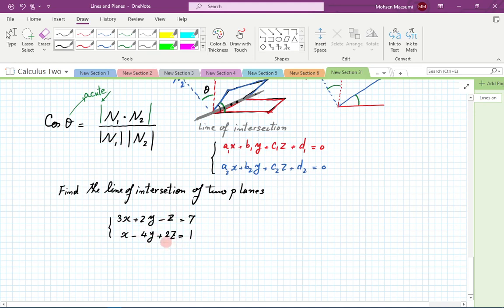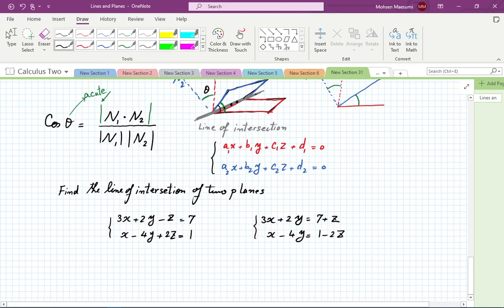One way to do this is to take one of these 3 variables to the other side, so it becomes 3x plus 2y is equal to 7 plus z, and then the other one is x minus 4y, and that is 1 minus 2z. Let's make sure my z's don't look like a 2.